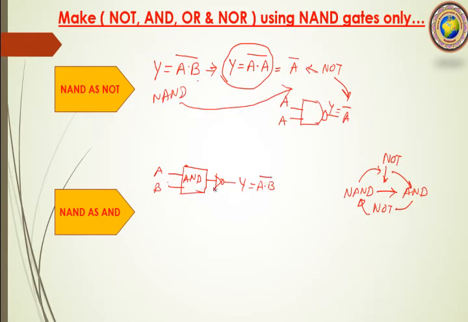So an AND gate and then an inversion, so we get this NAND gate. The same way, we also change the NAND gate.